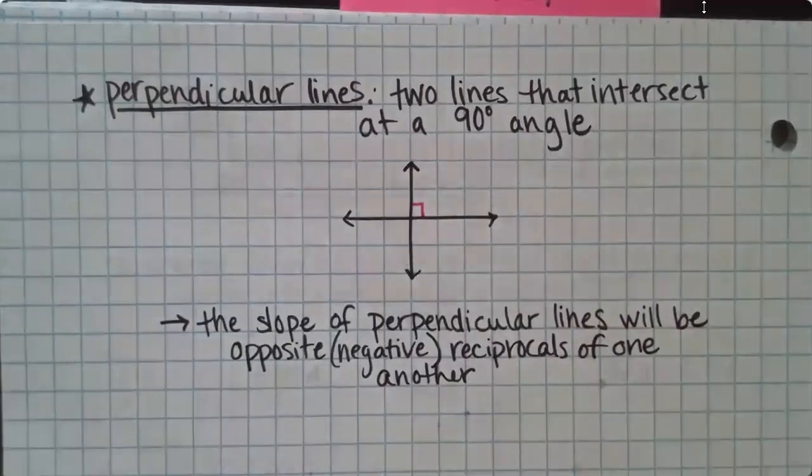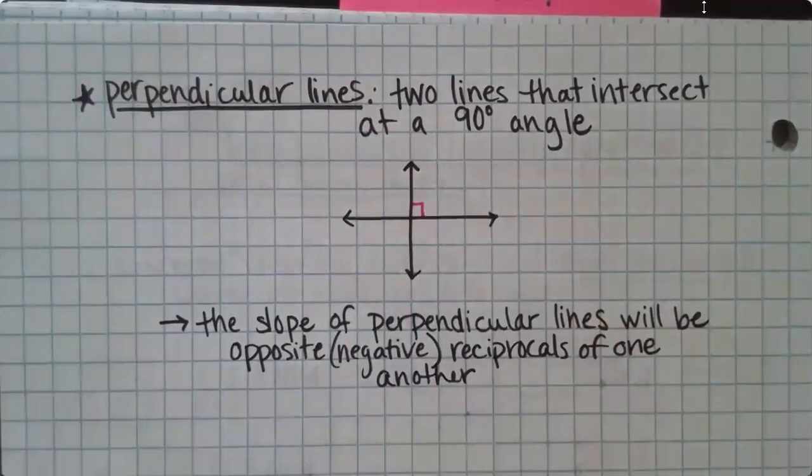The slopes of perpendicular lines will be opposite or negative reciprocals of one another.